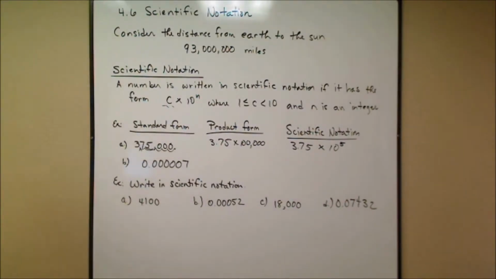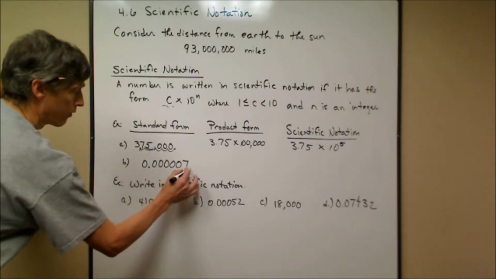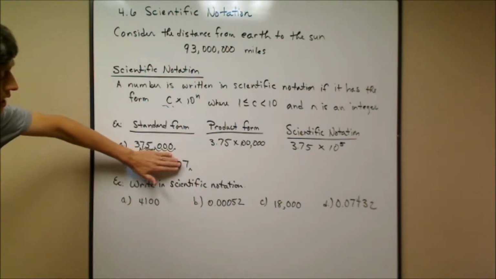So I'm going to do the same thing now, only this time I'm going to do this with the much smaller number. I'm going to rewrite this as a product form. So what I'm going to have to do is move the decimal point, which is right here, all the way over here to the right side of the 7, because then the number becomes just 7.